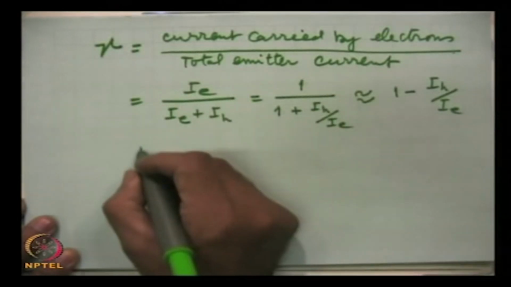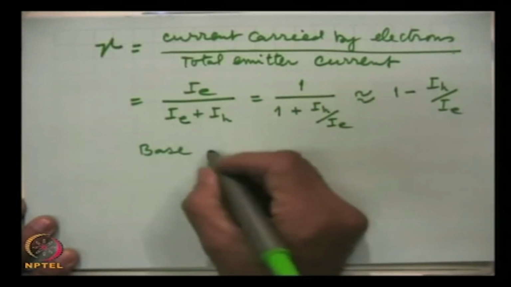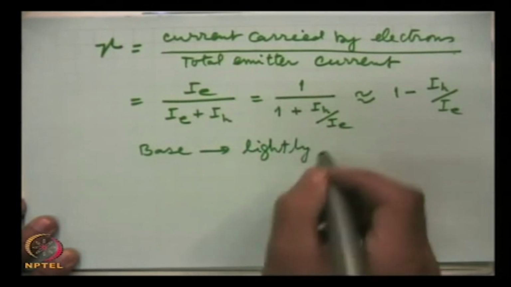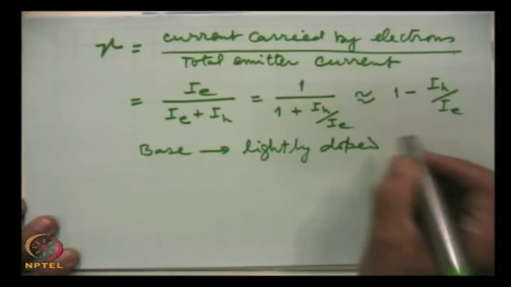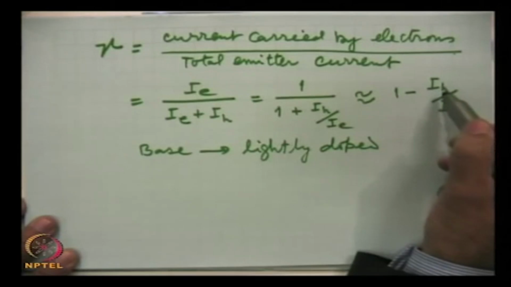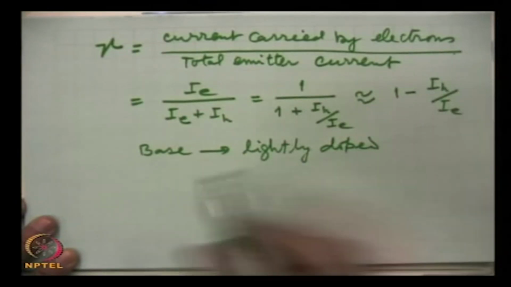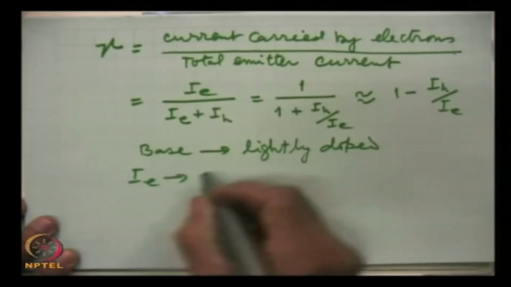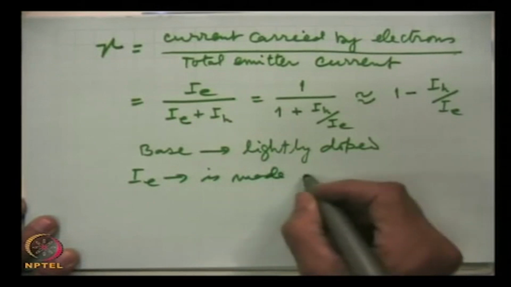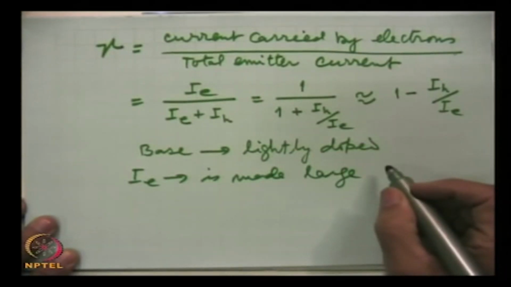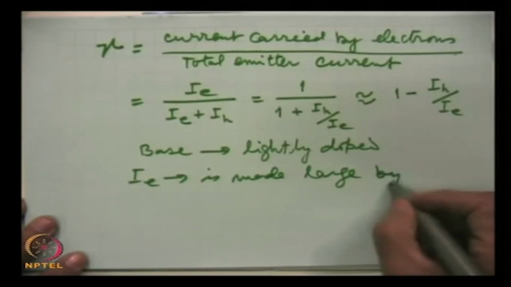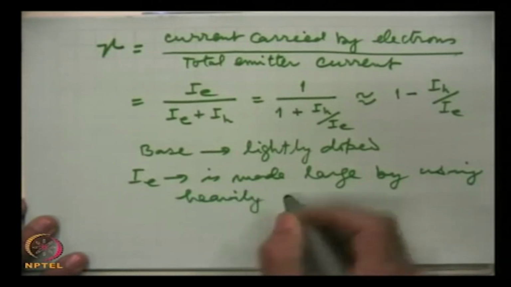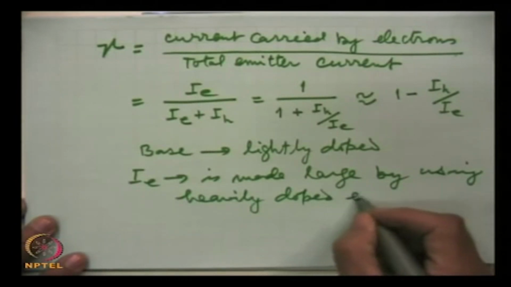So, the base we keep lightly doped, very lightly doped, that will reduce this hole contribution to the current, and Ie is made large by using a heavily doped emitter.